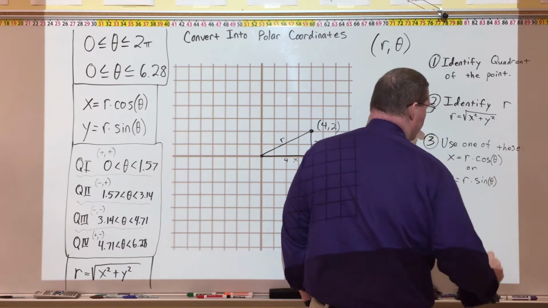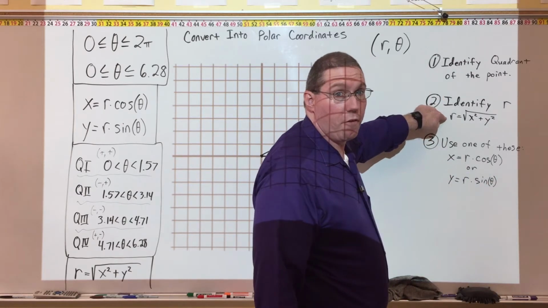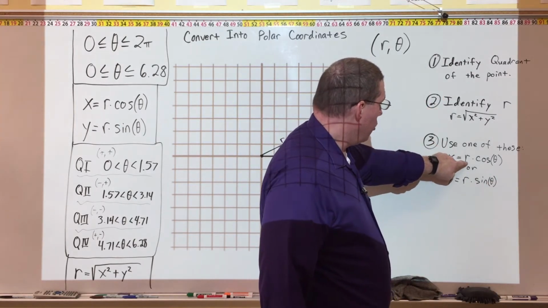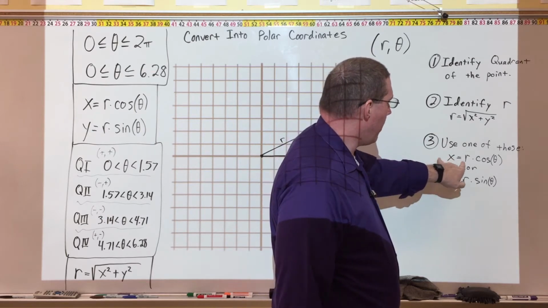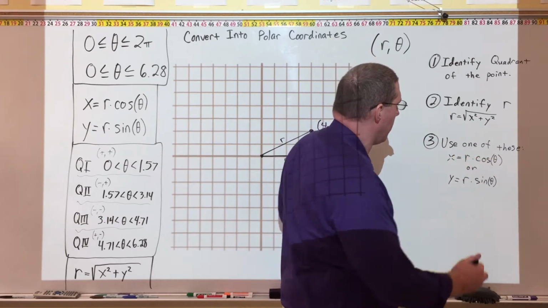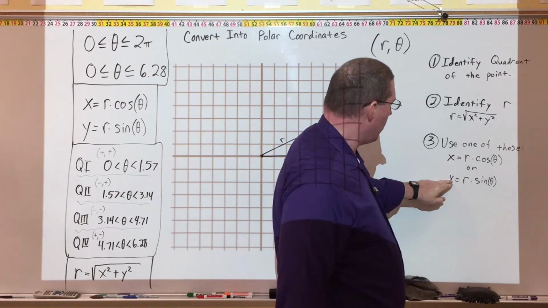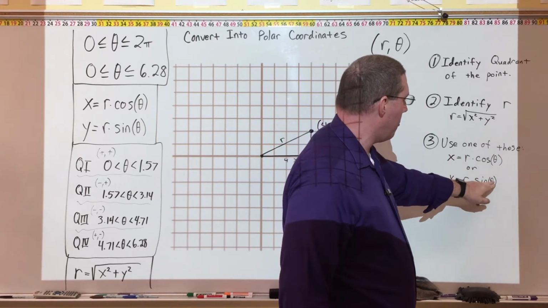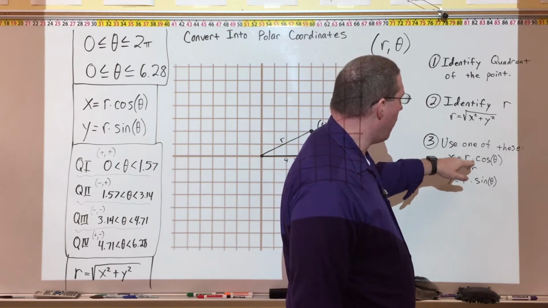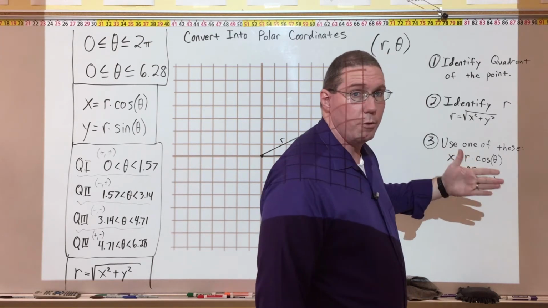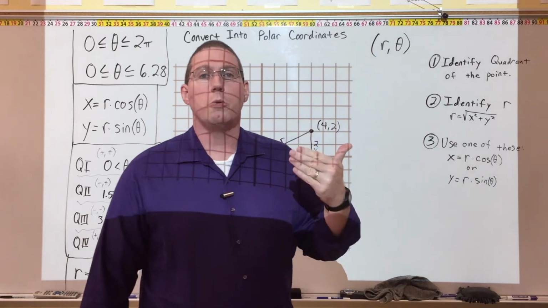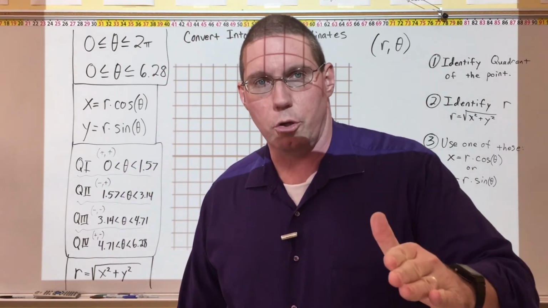Okay? Because here's the thing: you've already solved for r. Okay? You know what x is. So now you only need one of the formulas to solve for theta. Or you know what y is, you know what r is, and you can just use that one to solve for theta. You do not need to solve for theta in both of these formulas. You only need to solve for theta in one of them. So whichever one looks easiest to you.